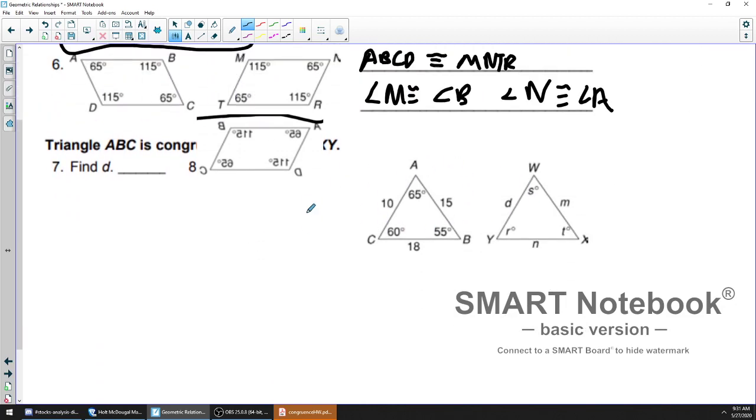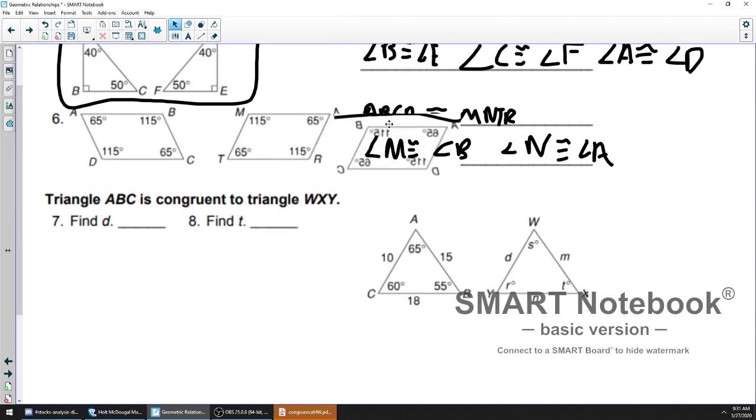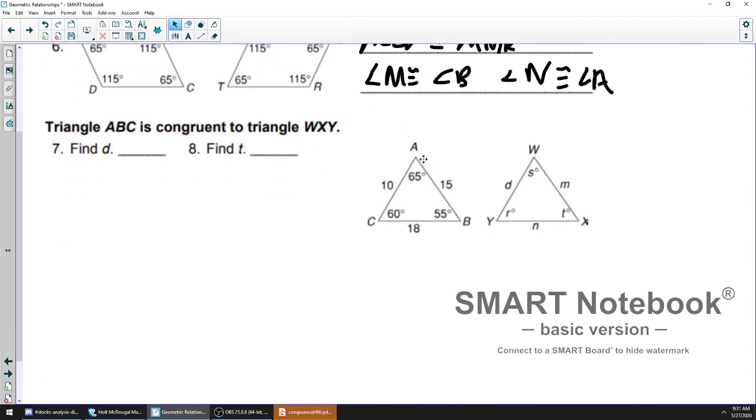Looking over here, it tells you ABC is the same as WYX. If I were to move this and put it on top, you would see it's the same. Now it's asking you to find D. Where is D? It's over here. And where does that match on this triangle?